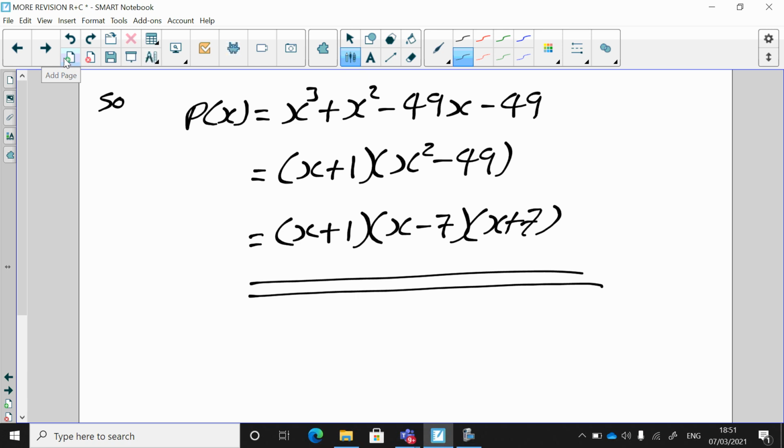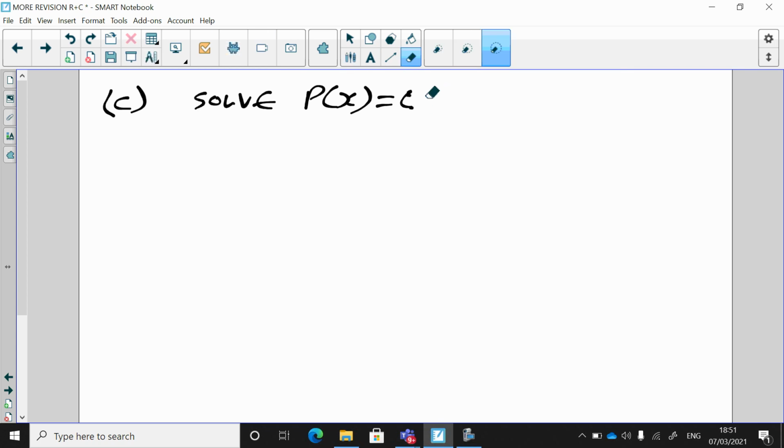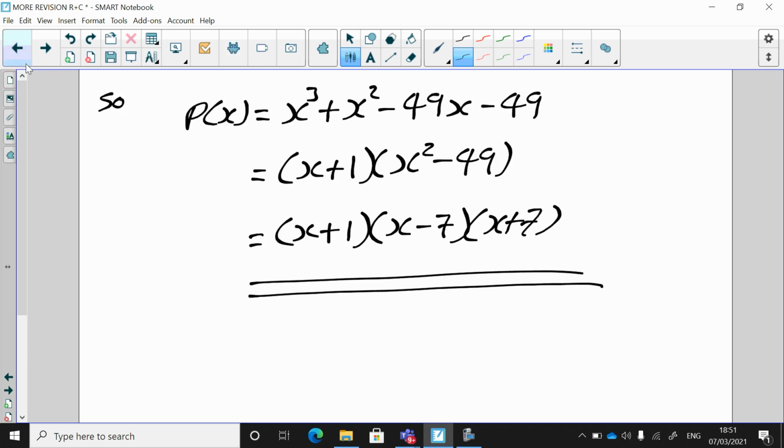Question C. So for part C of question 13, solve p of x equals 0 for x. We've already factorised p of x, okay?